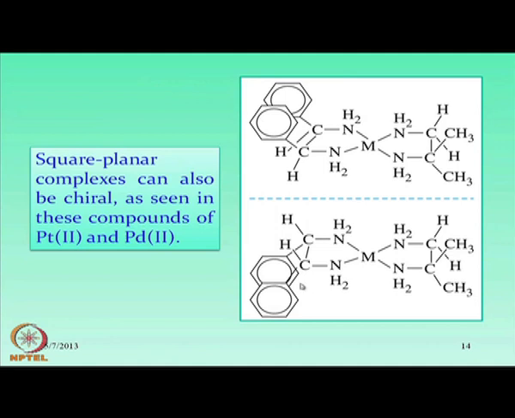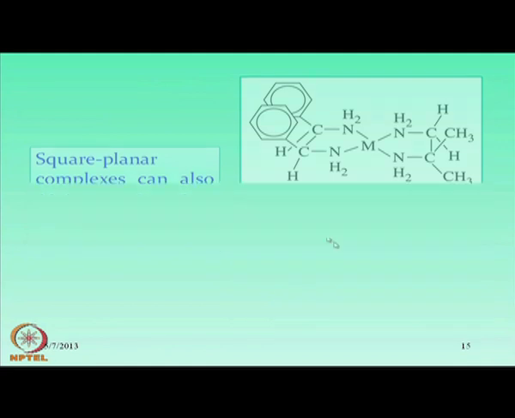They can also be chiral, provided that we can have different orientations of the groups attached to this particular carbon center related to that of our ethylenediamine molecule.